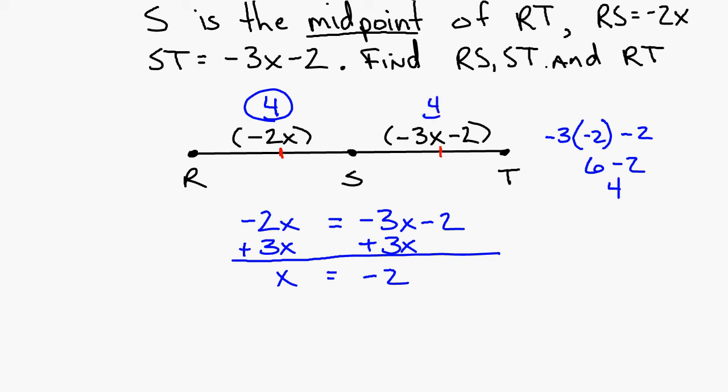Good. So RS is 4, ST is 4, R to T is 8. If you're told that a point is a midpoint, then it is in between, or it bisects the other two points. Both segments are congruent. Any questions?